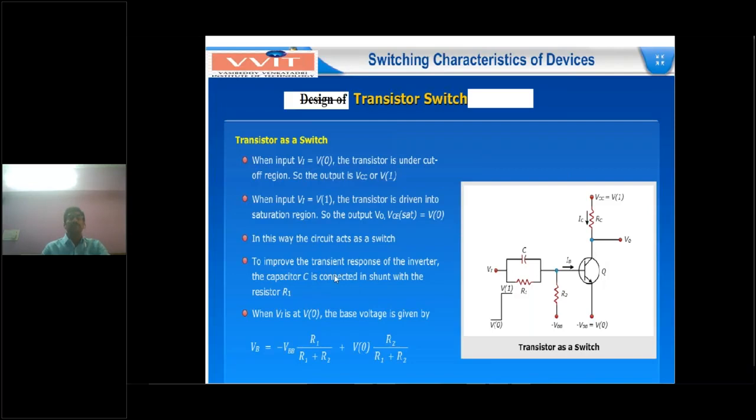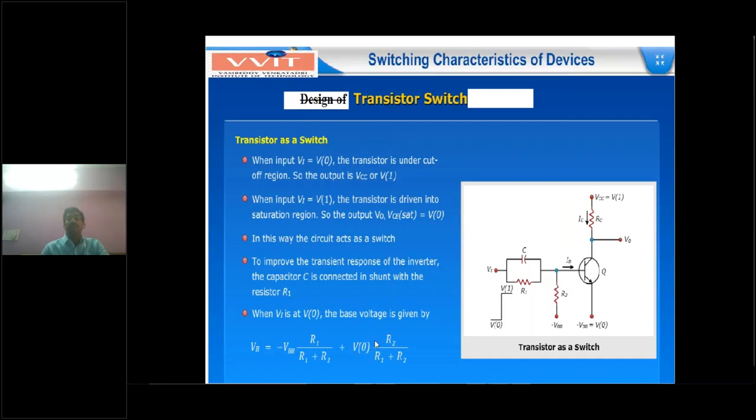In this operation, you have to find the base voltage VB, the base-emitter terminal voltage, this node voltage. So VB equals minus VBB into R1 by R1 plus R2, plus the input voltage V0 into R2 by R1 plus R2.